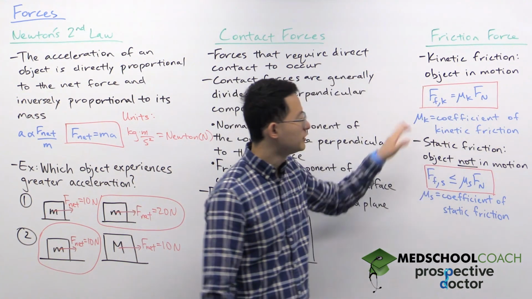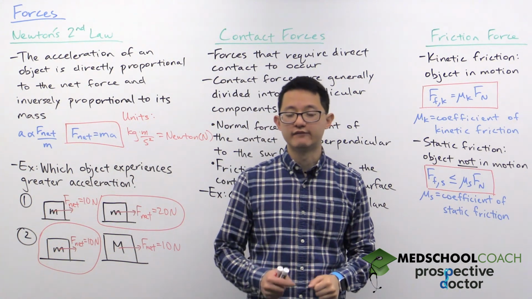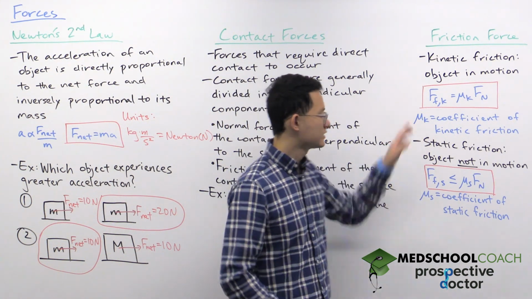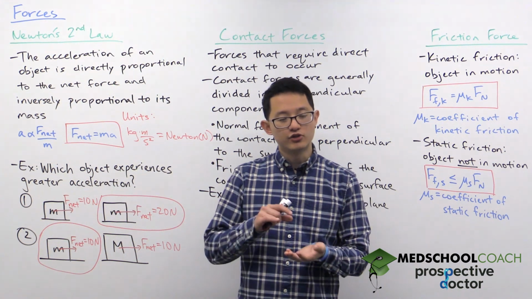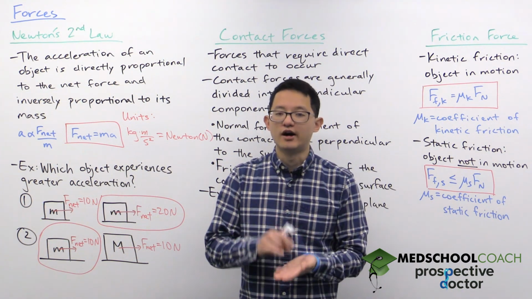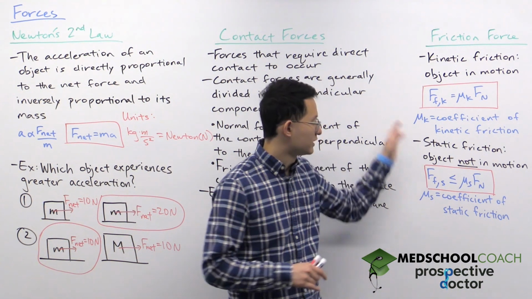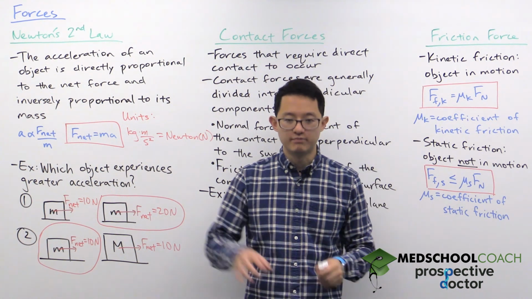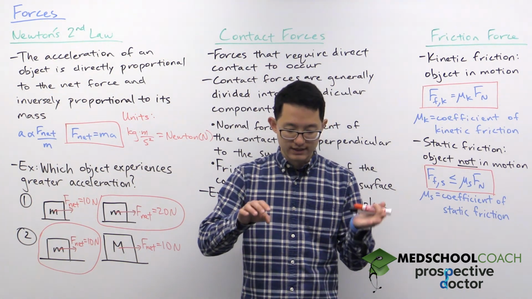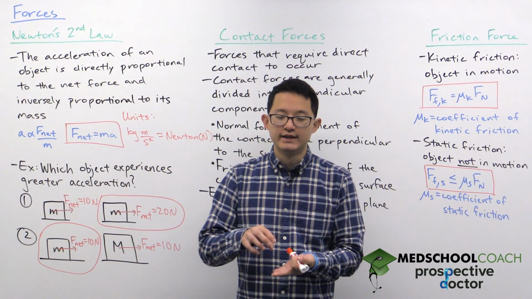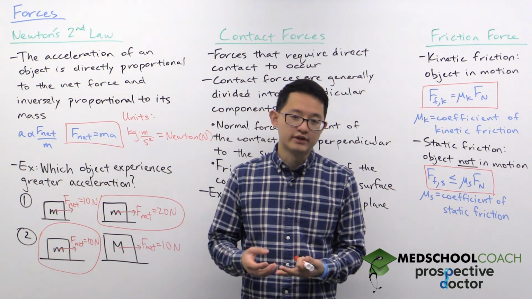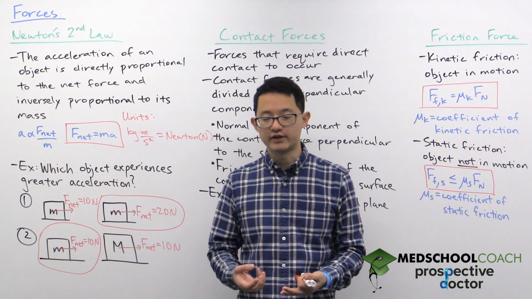In this case, mu sub k is the coefficient of kinetic friction, and this is going to depend on the two objects in contact with each other. So in the situation that I just described, it's going to be the hockey puck with the ice rink. And that's going to give you some coefficient of kinetic friction.